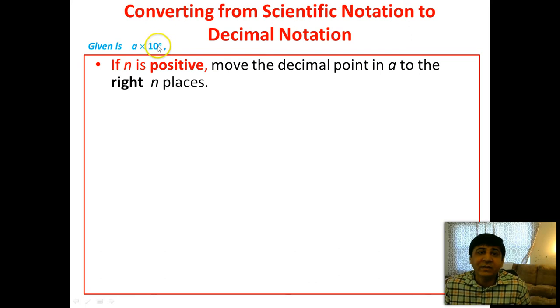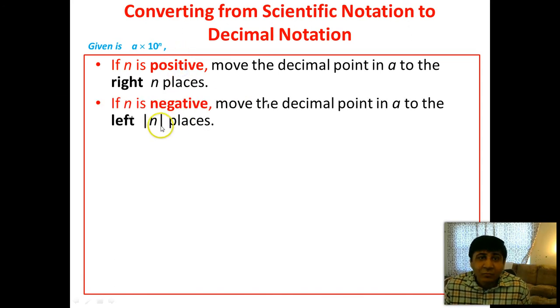If n is positive, let's say 6, then we move the decimal point in a to the right n places. Now if n is negative, we'll move it by the absolute value of n. So even if n is negative, we make it positive.